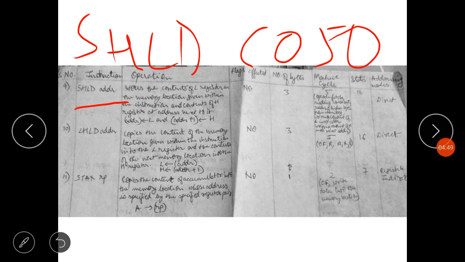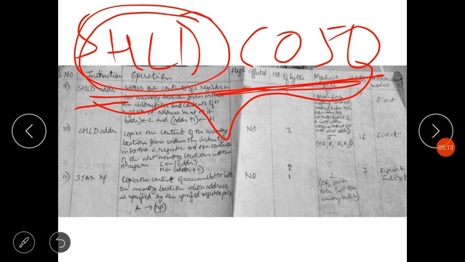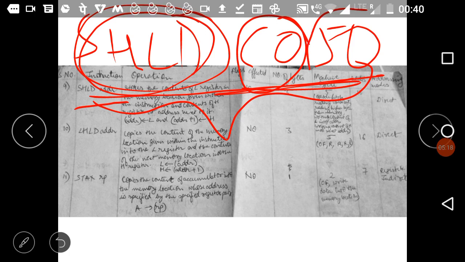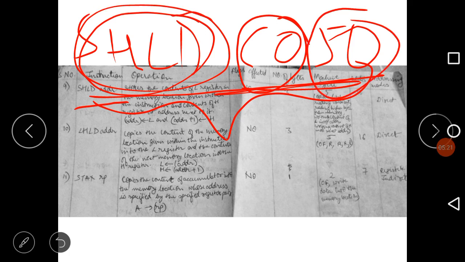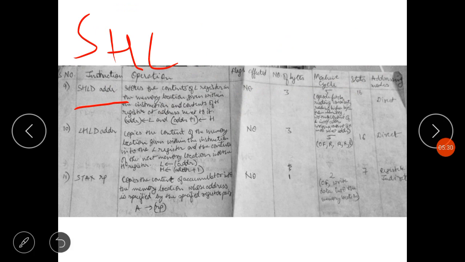If there is any hexadecimal number mentioned in the instruction, then the size of the instruction will vary accordingly. So this instruction has an opcode and a 16-bit hexadecimal number. So this instruction will be 3 bytes: 1 byte for the opcode, 1 byte for the higher byte of the address, and 1 byte for the lower byte of the address. So this whole instruction is 3 bytes.